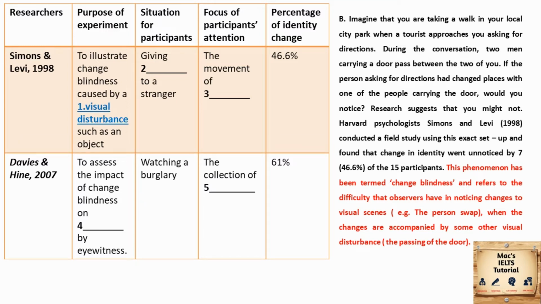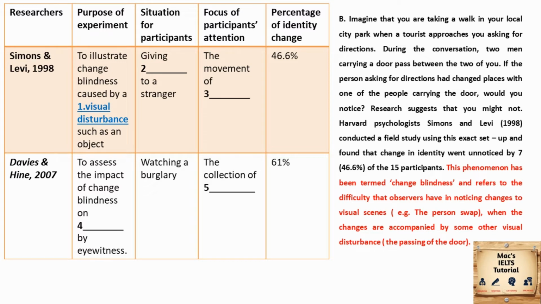Moving on to the second question, the answer which we will have to skim through is the situation for participants. In passage B, the situation under which the experiment is conducted is when there is a conversation with a stranger.